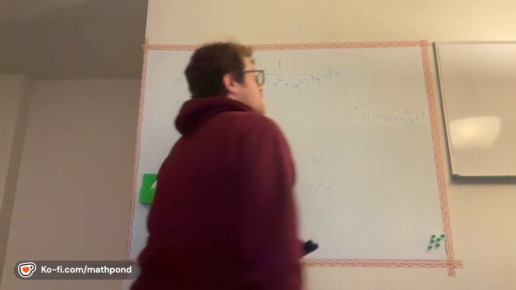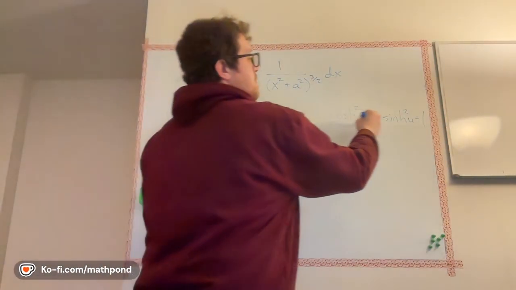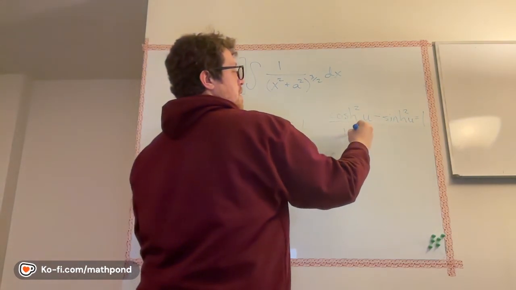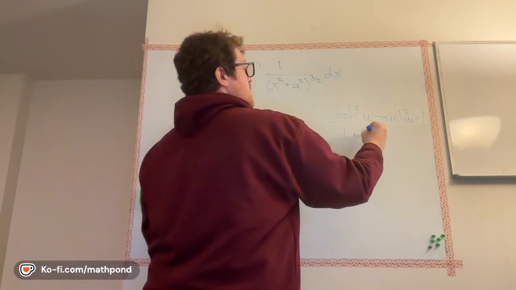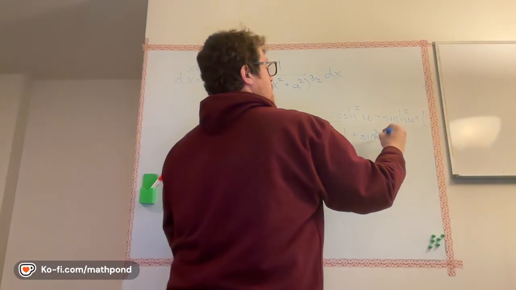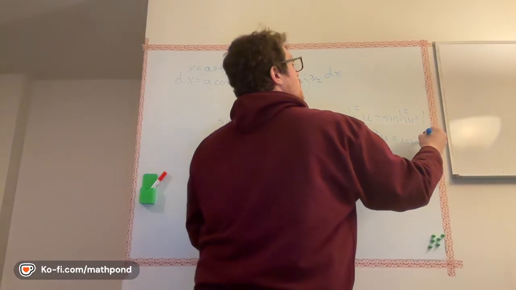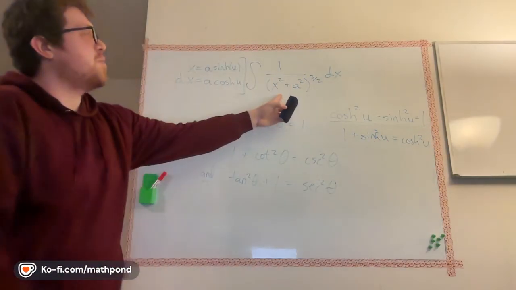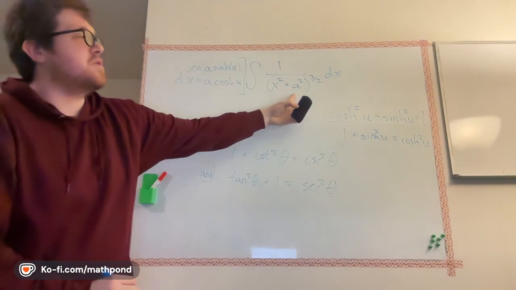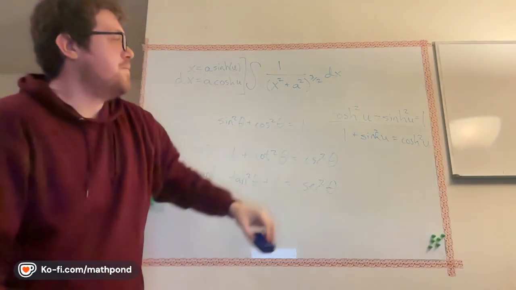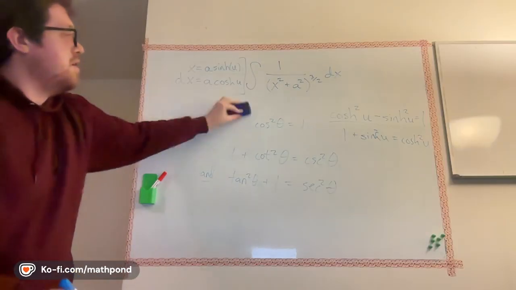Now we can move the sine squared over to one side, so we get 1 plus hyperbolic sine squared u is hyperbolic cosine squared u, and so this bottom part is going to become hyperbolic cosine squared of u. Okay, I think we're good now.